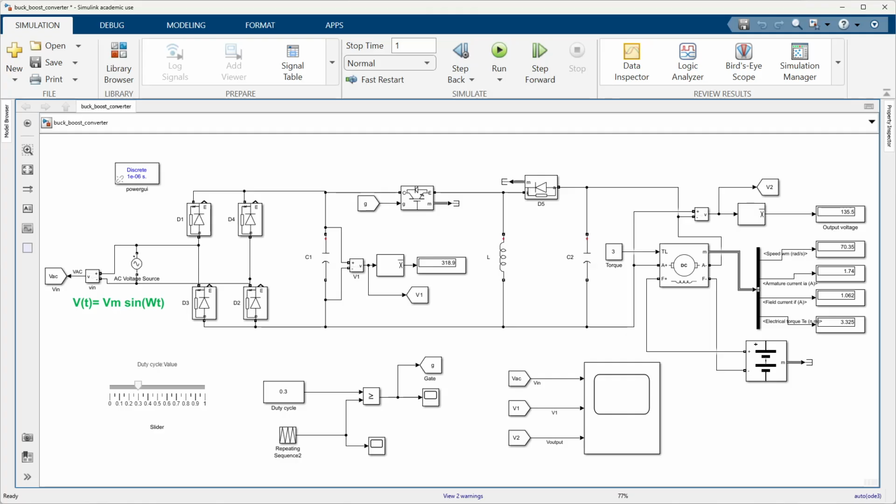Such circuits can be further used in other applications like a battery charger. Maybe you can use it in a DC power supply, or as an electric vehicle's auxiliary system.